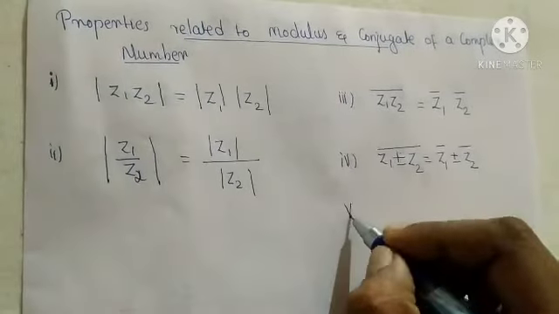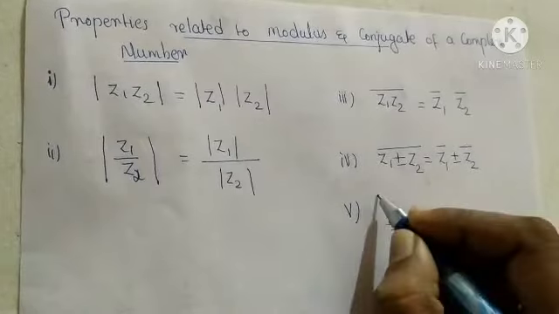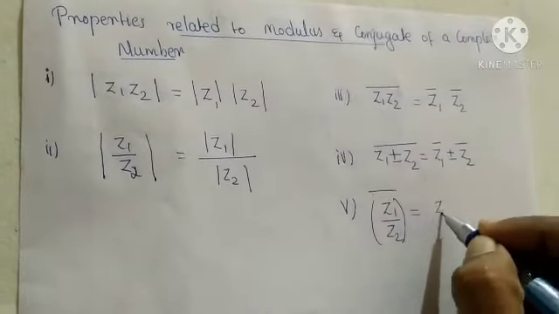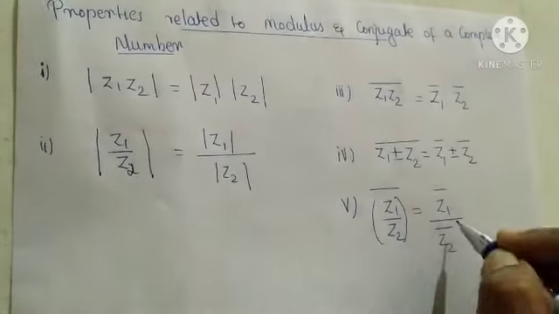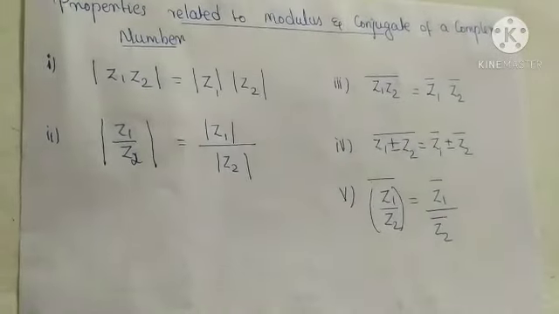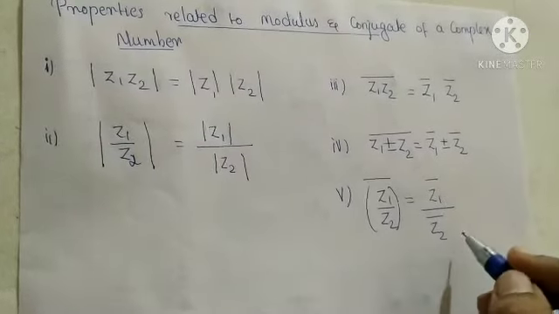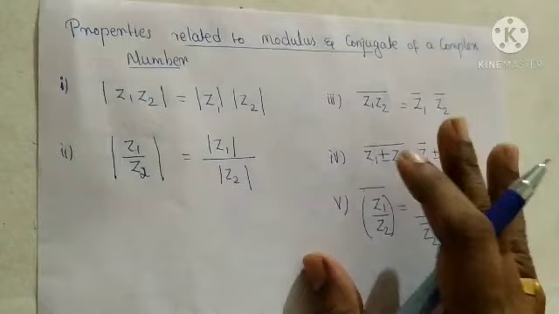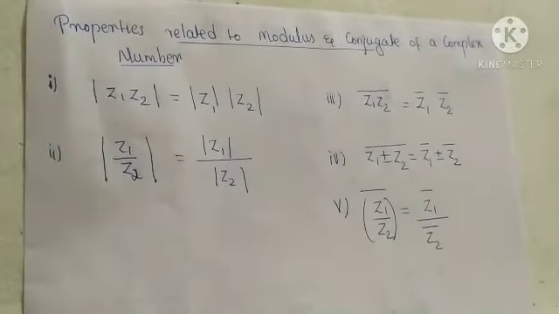And the last property is Z1 by Z2 whole bar is equal to Z1 bar divided by Z2 bar. This bar means conjugate. Conjugate of Z1 by Z2 is equal to conjugate of Z1 divided by conjugate of Z2. Okay. So these are 5 properties related to modulus and conjugate of a complex number.